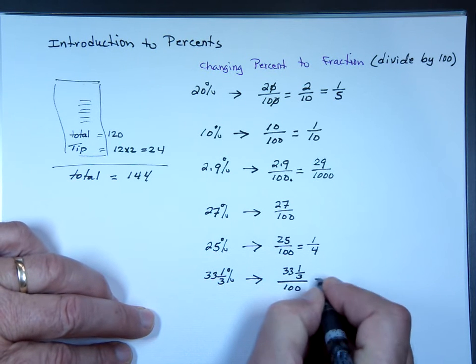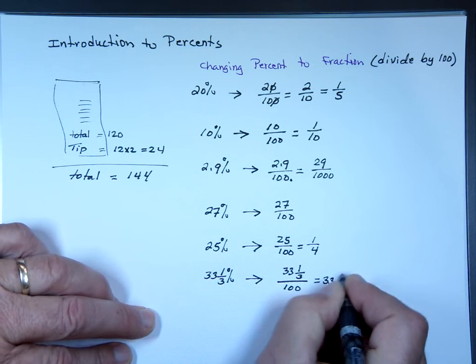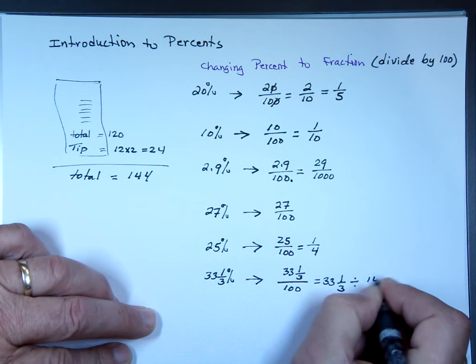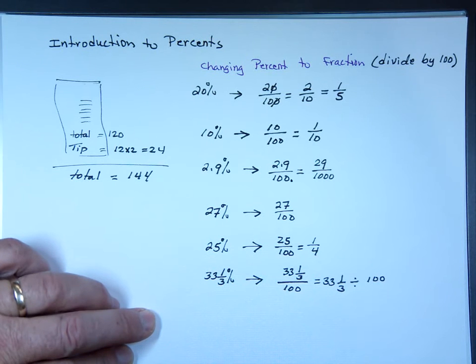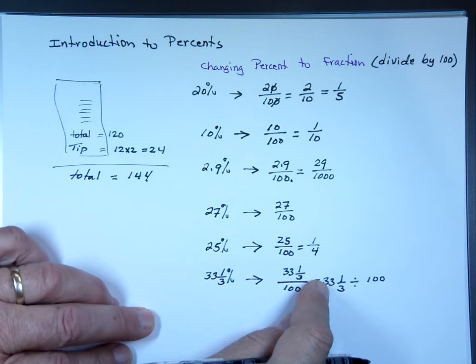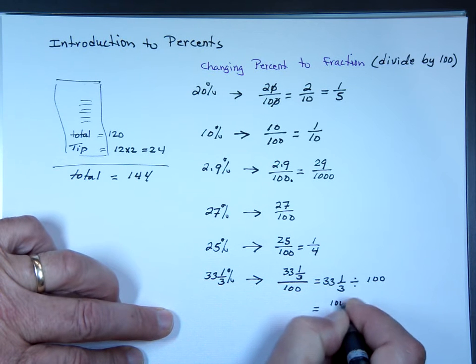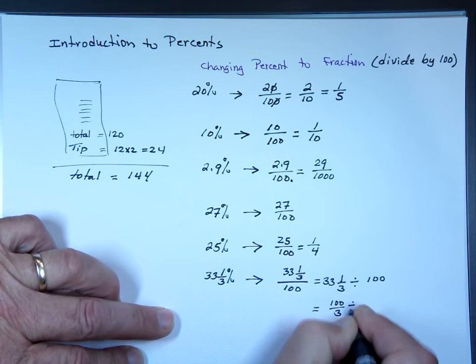So if you look at that, it reads 33 1/3 divided by 100. 3 times 33 is what? 99 plus 1. That's 100 over 3 divided by 100 over 1.